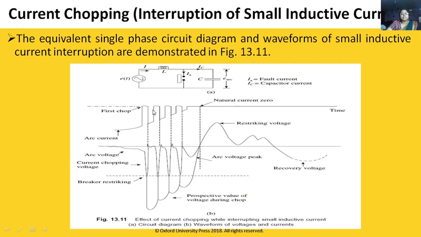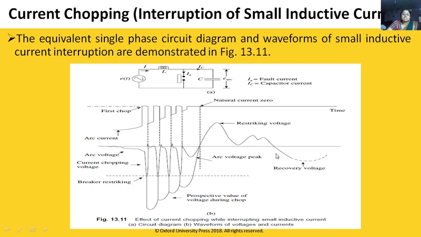Now in this waveform you can see this is your arc current. This indicates that the arc current gets chopped before the natural zero. This is natural current zero. The arc current gets interrupted before its natural zero. This is the arc voltage.